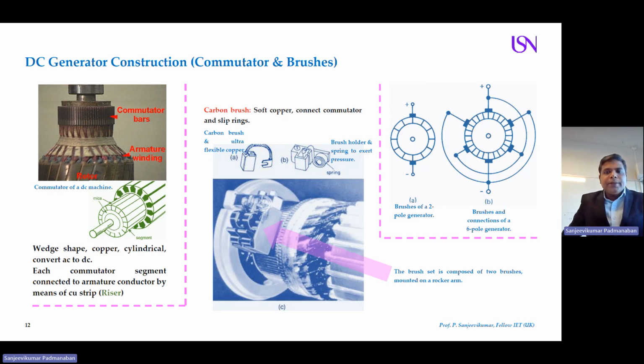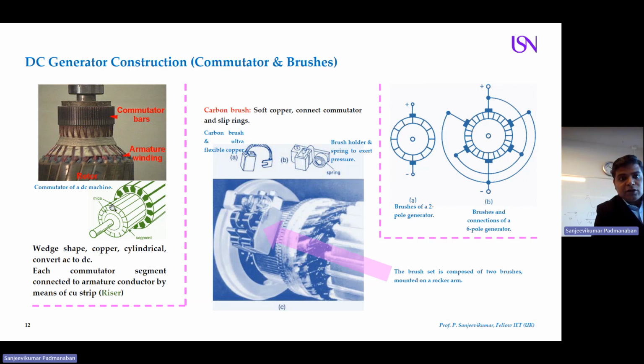Is it clear to you? Then this is an example of brushes. I already showed you here. This is a very small power machine. It's nothing, a domestic application. These are very high power applications. What I'm showing you is very small. You have 2 brushes. About the brushes, they are usually soft copper material.